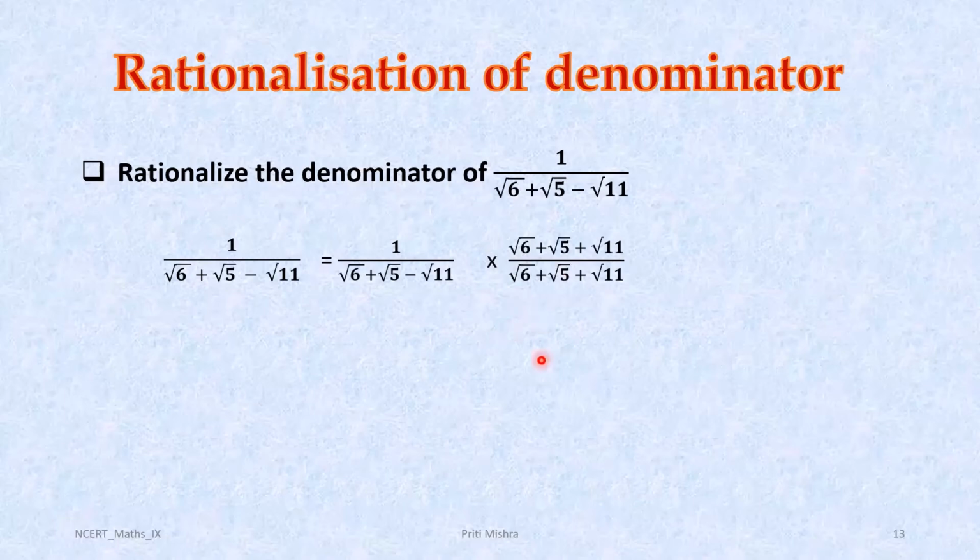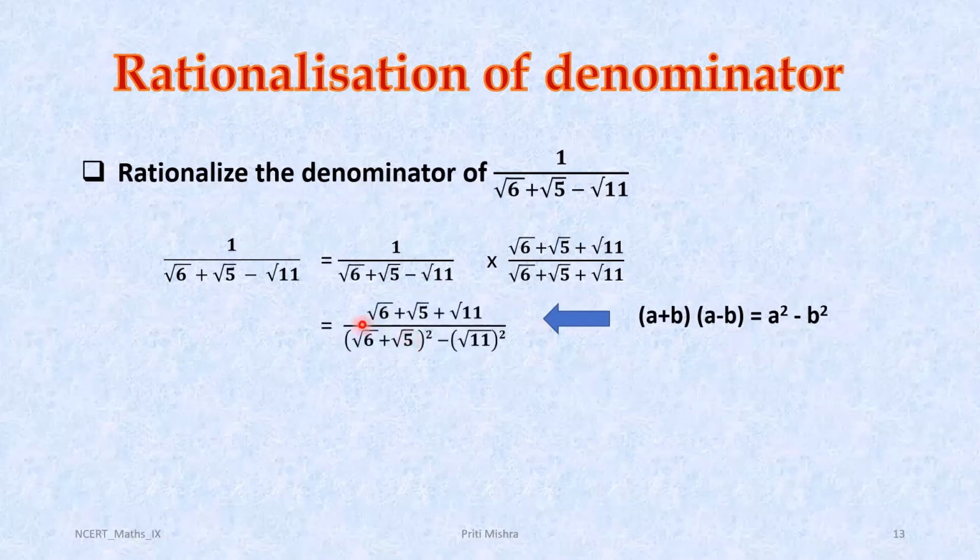Then again, with the help of the identity a plus b into a minus b is equal to a square minus b square, the numerator will be root 6 plus root 5 plus root 11 as it is. In the denominator, root 6 plus root 5 whole square minus root 11 whole square. In the next step, we are going to solve it further.